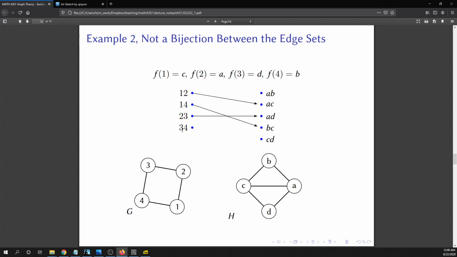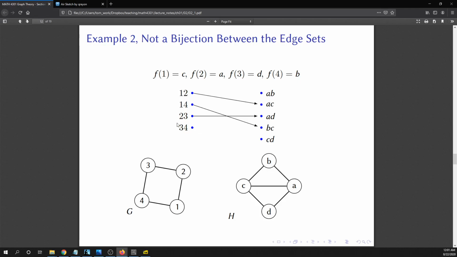All right, and then the edge 3, 4 would go to BD. Okay. But that's an issue. You can see that B and D are not adjacent in H.